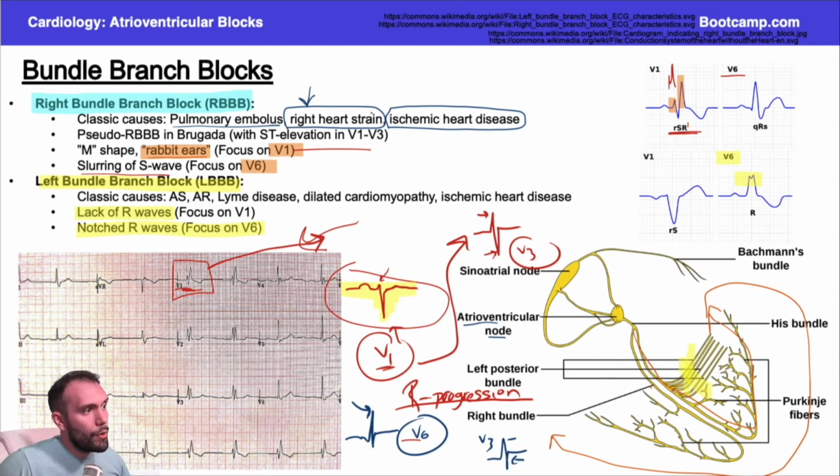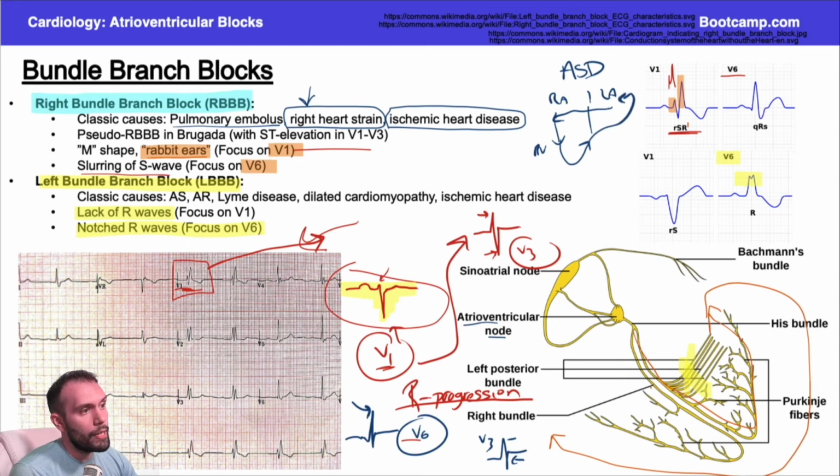Okay, now the other one I just want to help you remember here is if you had a patient that had, let's say, an atrial septal defect. So remember, here's my right atrium, here's my left atrium, and we kind of talked about this before. That blood will go from high pressure to low, so it's going to go from the left to the right, and then through the right atrium to the right ventricle, and then through the pulmonary arteries, and it's all eventually going to come back to the left atrium through the pulmonary veins.